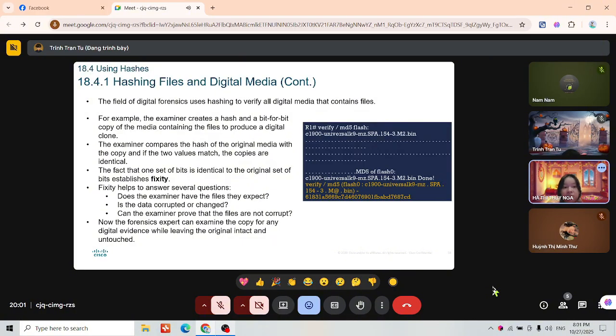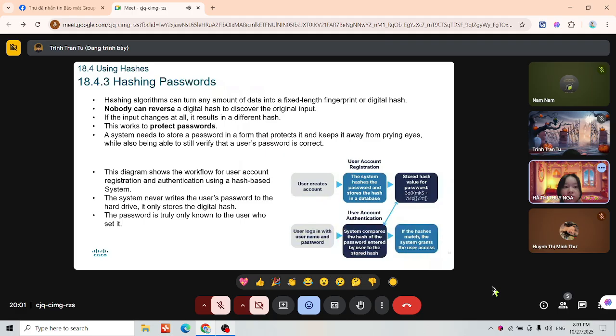Next, part 18.4.3 Hashing passwords. Hashing isn't only for files, it's also used to protect user passwords. When we create an account, the system doesn't store our real password.